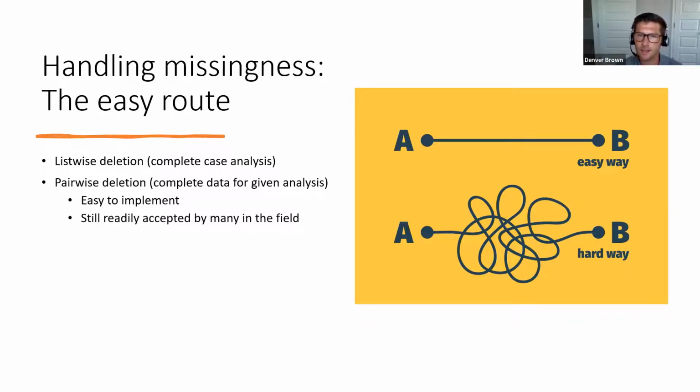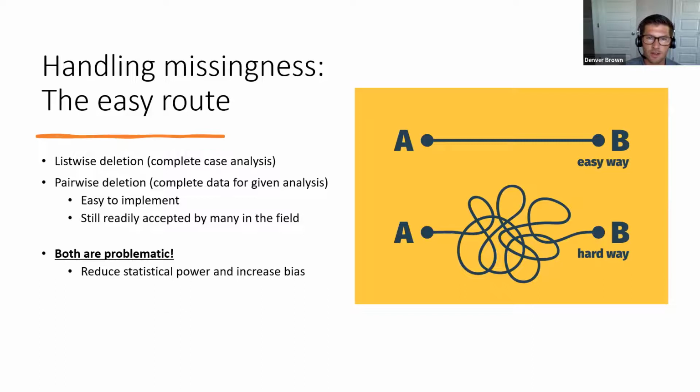So even with really strong papers that come out of great research teams, we're still seeing the easy route being taken in handling missingness. And both listwise and pairwise deletion are really problematic. They reduce our statistical power because, depending on your sample and what variables you have in there, you could lose 50% of your data, going from 1,000 participants down to 500, which is problematic and can further increase bias in our data because of who is being eliminated.